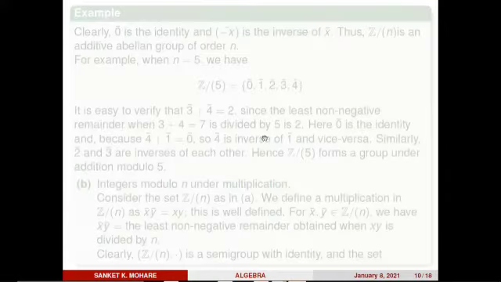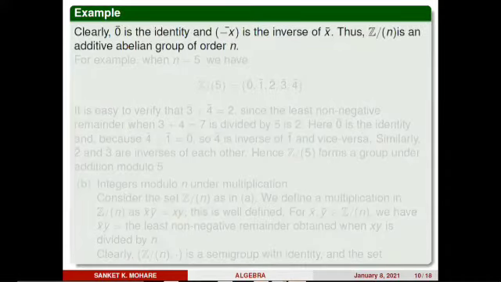So that's why 0 bar is the identity, and conjugate of negative x is the inverse of conjugate x. So existence of identity, existence of inverse, and associativity all hold. Thus by the definition of a group, Zn forms a group.